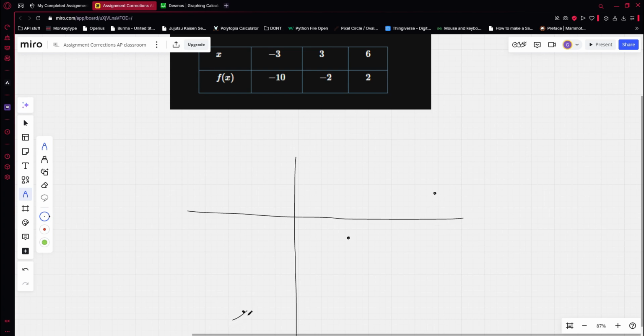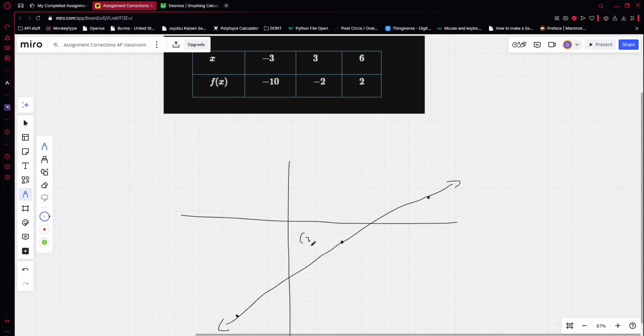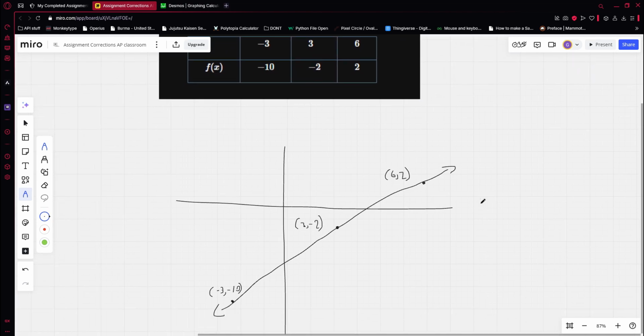I'm trying to put these all in the same straight line, right? So (3, -2), (-3, -10). That's not a 3. Okay, so now we have our graph.